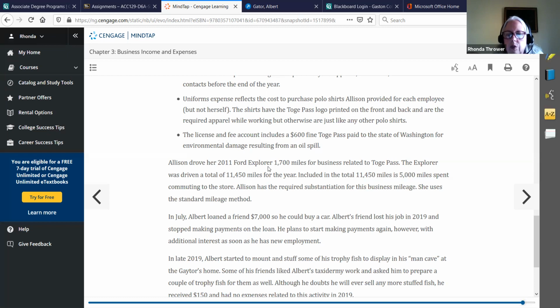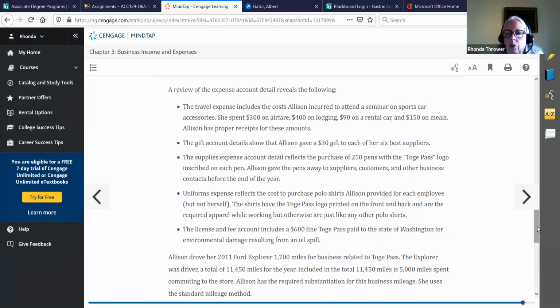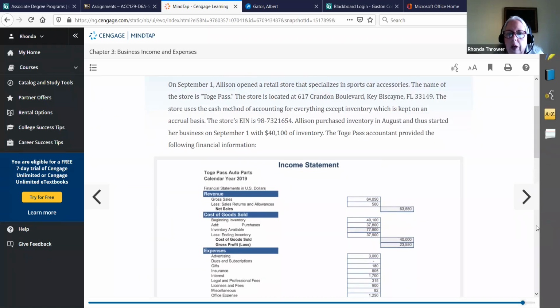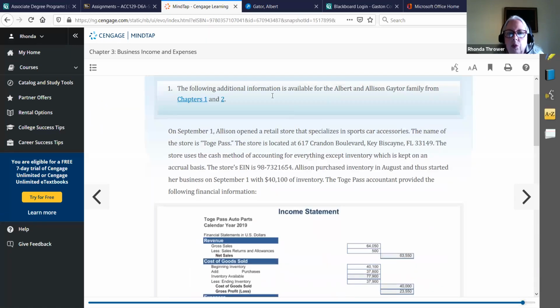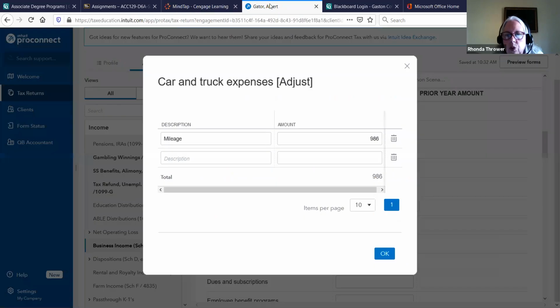Allison was the driver, she's the owner, and she drove 1,700 miles. So if you multiply 1,700 miles times 58 cents, that will give you the 986 that I entered here.